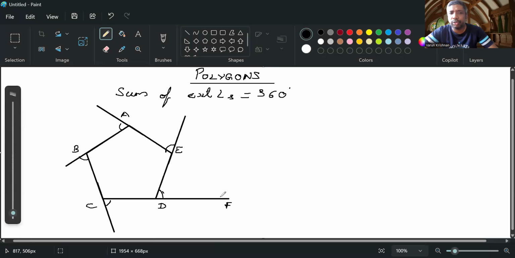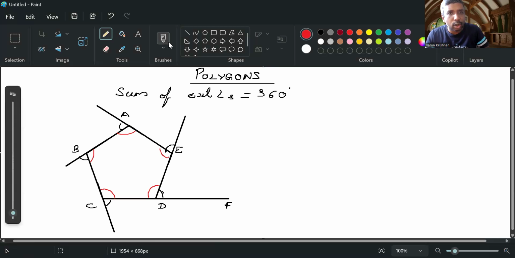One very mathematical proof that I like is that I can take any interior angle. Let's say I take the interior angles, angle D, angle E, angle A, angle B, angle C. These 5 interior angles are each going to form a straight angle with an exterior angle. So every interior angle and its corresponding exterior angle is going to give me a total of 180 degrees.